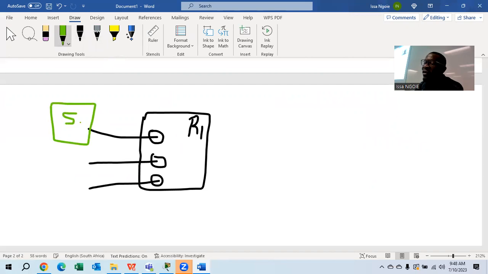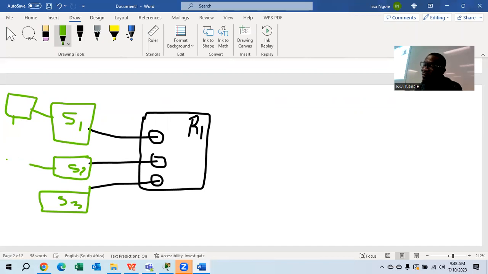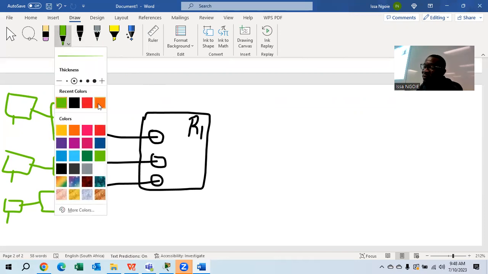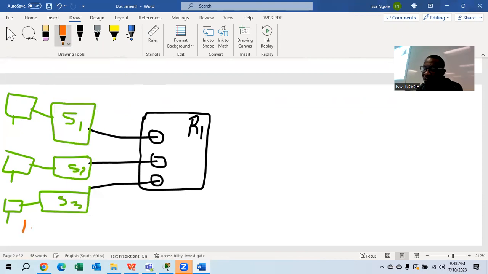So this one can be like switch 1, like switch 2, and this one too can be like switch 3, right? And every switch will have a PC or PCs, even many. And here you can have your network ID. Maybe here it's 192.168.1.0/24.